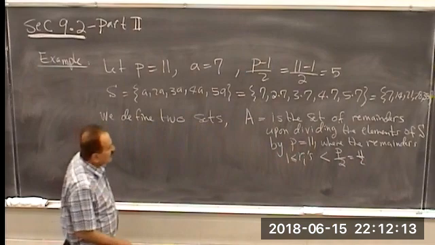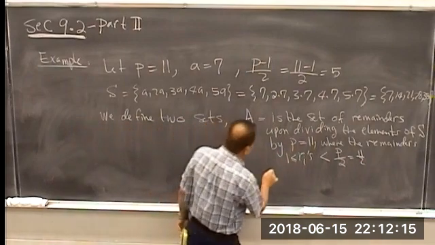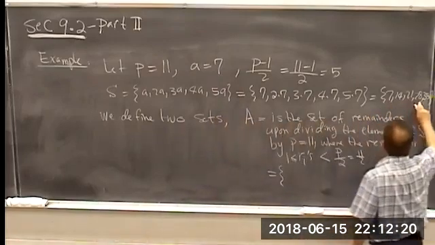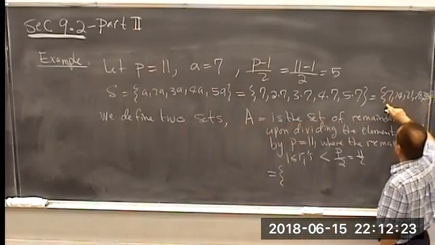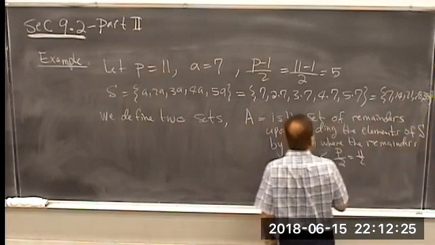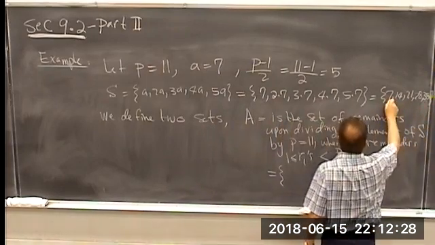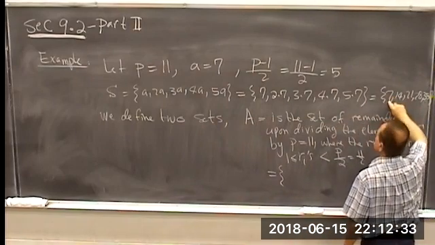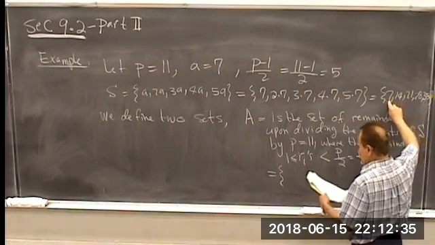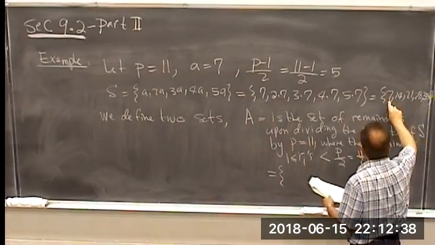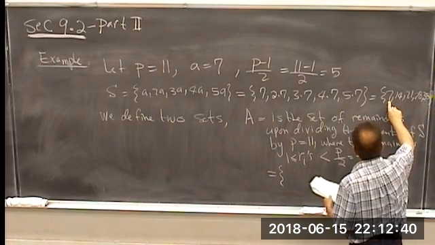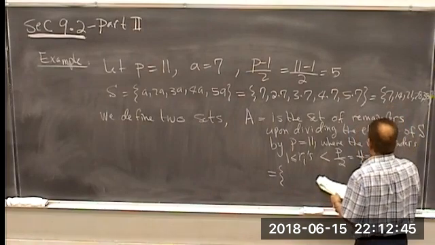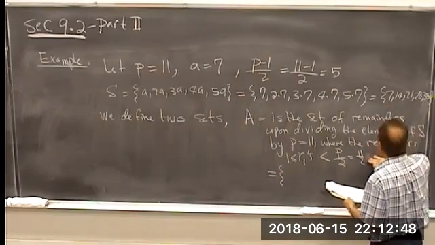Now, in this particular case, A is going to equal, so we're going to divide each one of these by 11 and see if the remainder is less than P over 2, which is 5.